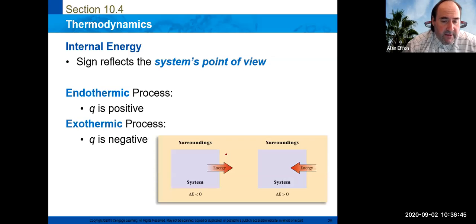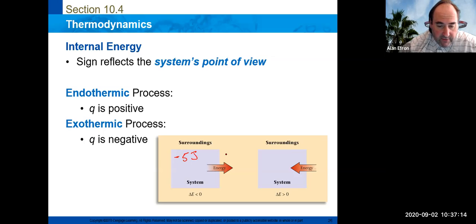So again, we talked a little bit about this, but just to reiterate, if we calculate Q, which a lot of the time in this class we will deal with mostly Q, a positive value means endothermic, and a negative value means exothermic. For example, if this system lost 5 joules of energy, it would be negative for the system as it is exothermic, it's losing that energy.